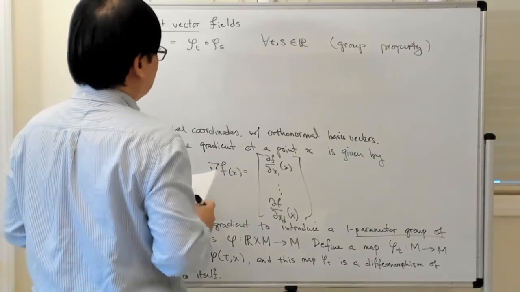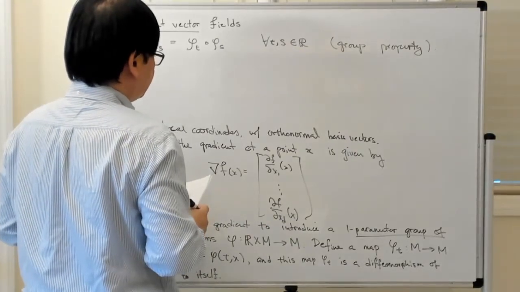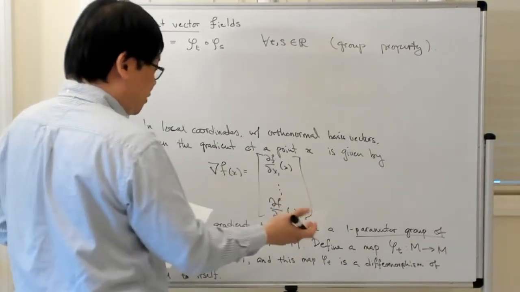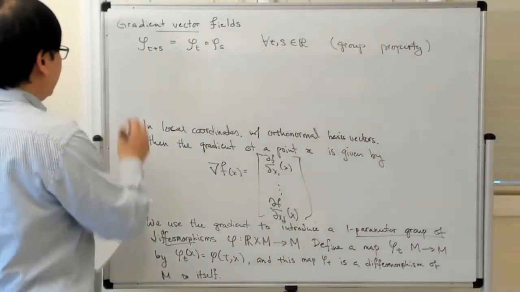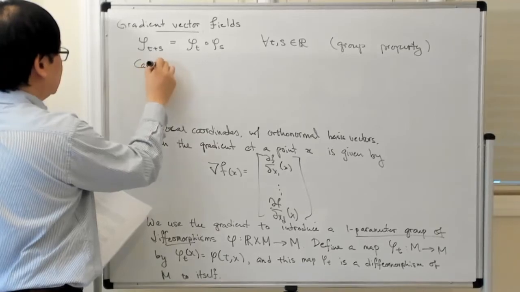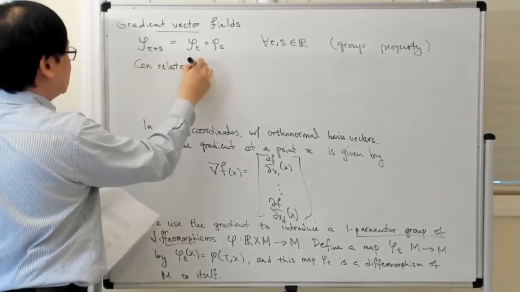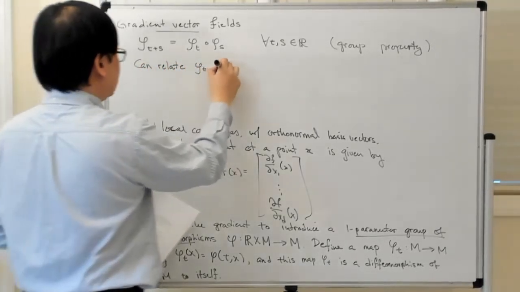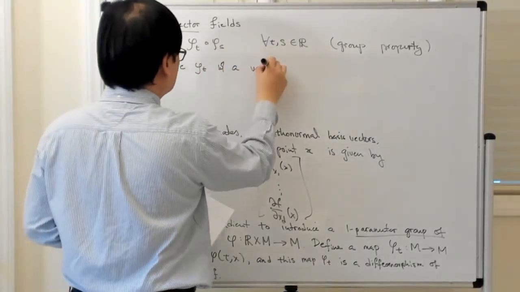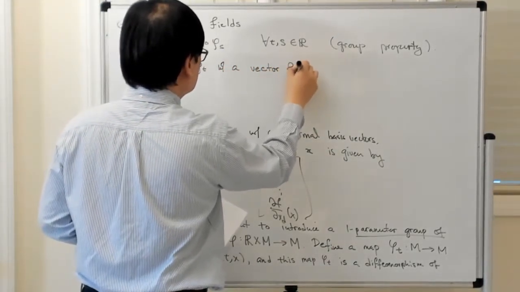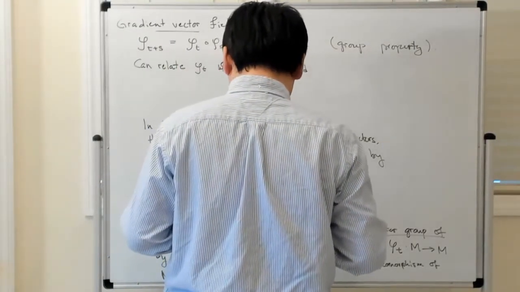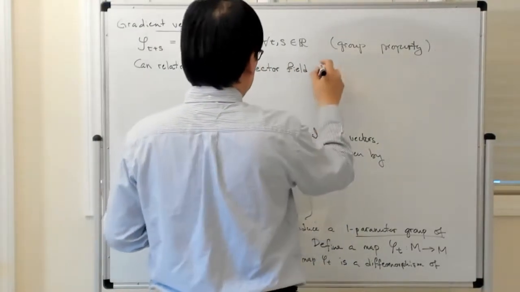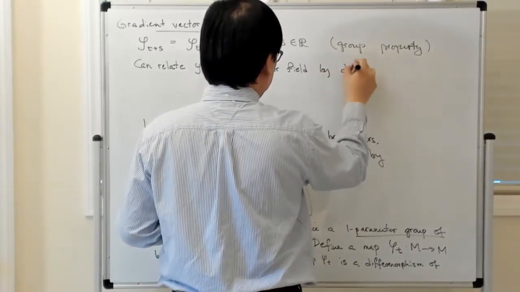And then you can relate this one-parameter family to a vector field which generates it. So we can relate phi t with a vector field by just differentiating the flow.